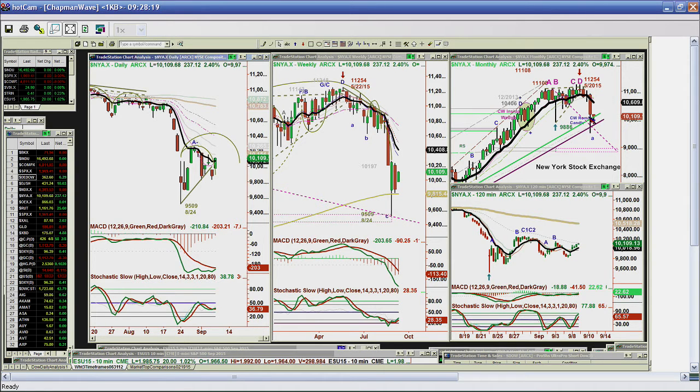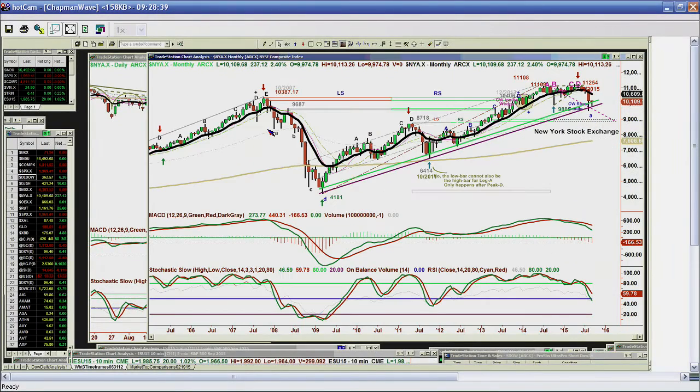That candle is what I call the Chapman wave Roman candle. I'll talk about it tomorrow night. The implication of a Chapman wave Roman candle at a top is something that you do not want to ignore. Why? Because if you look at the Roman candle of November of 2007, when the New York Stock Exchange took that low out, it started a big move to the downside.